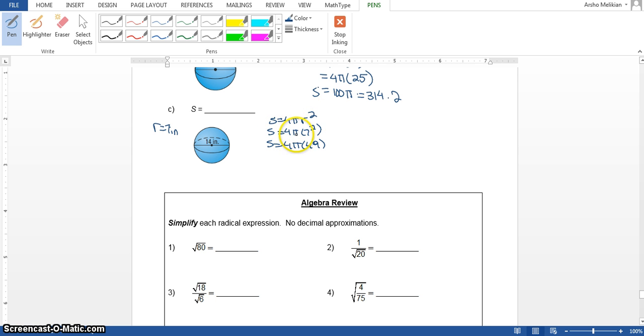And 4 times 49 is 196 pi, which is 615.8 inches squared.